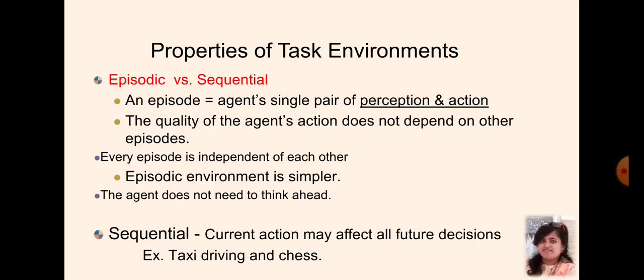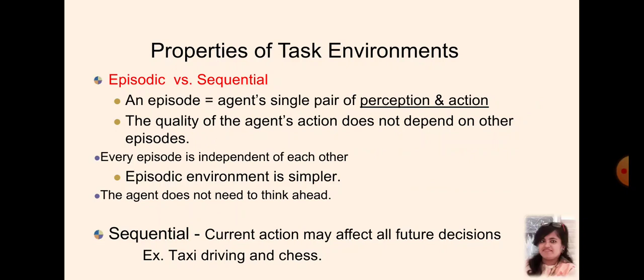After this, the environment can be episodic, or the environment can be sequential. An episode is described by the agent's single pair of perception and action. That is, the perception by the sensors and the action by the actuators make one particular pair, and this pair is one particular episode for one particular agent.